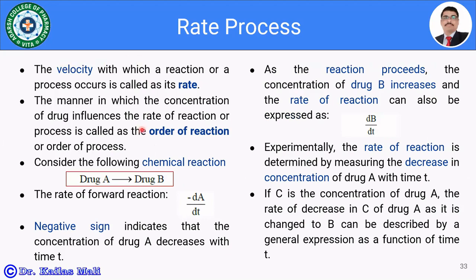So let us see some definitions. The very first definition: what is meant by the rate? Now we are discussing the rate of reactions. The velocity with which a reaction or a process occurs is called the rate. To understand all these rate processes involved in the pharmacokinetics for the absorption, distribution, and excretion of a drug, there is a need to understand the order of reaction, isn't it?